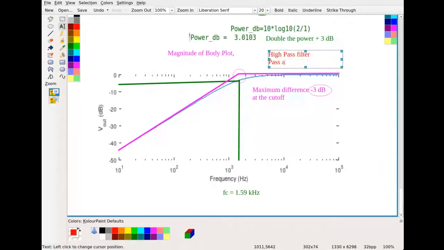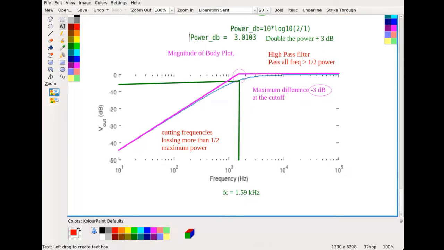So we're passing all frequencies greater than half power, and we are cutting frequencies that are losing more than half of the max power. So this is a high pass filter.